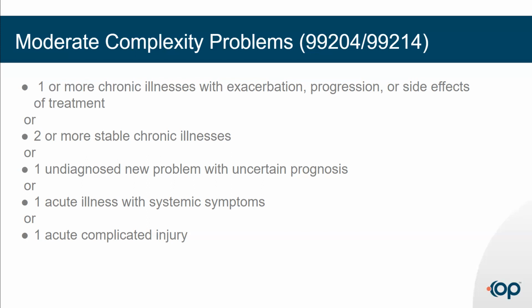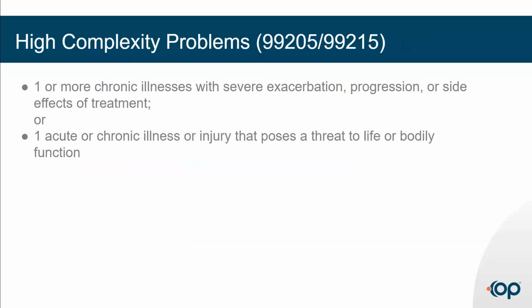So having, for example, vomiting and nausea with strep throat, that vomiting and nausea would make your plan perhaps change, because if the patient can't tolerate their oral antibiotics, they can't be compliant with their therapy. And then there's the acute complicated injury, such as concussion with a brief loss of consciousness.